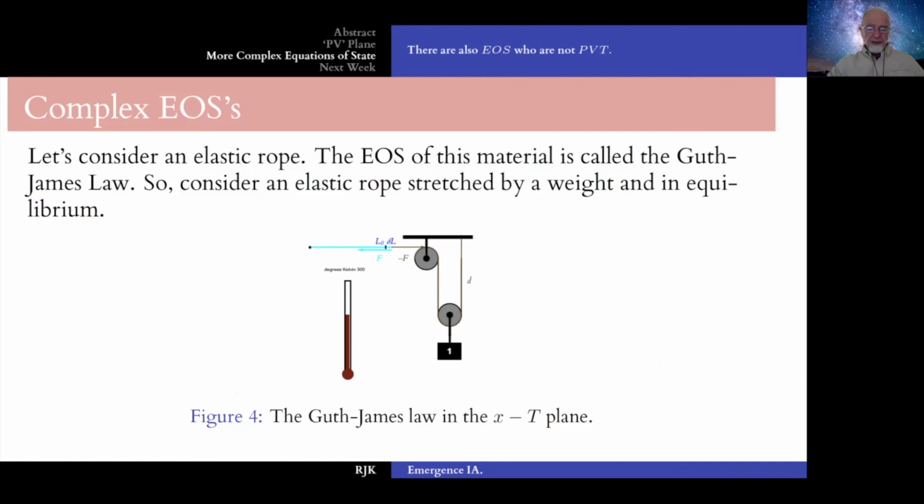So I've got a weight, this end of the rope is fixed here. You've got a weight holding it off. So there's a force going off in this direction. Correspondingly, by Newton's third law, the rope is pulling in the opposite direction.